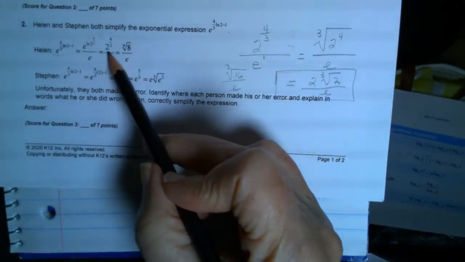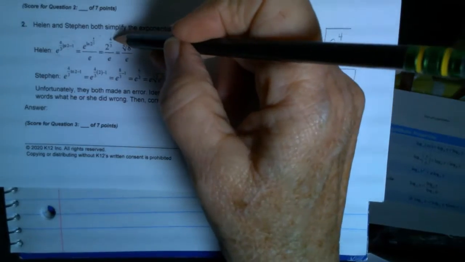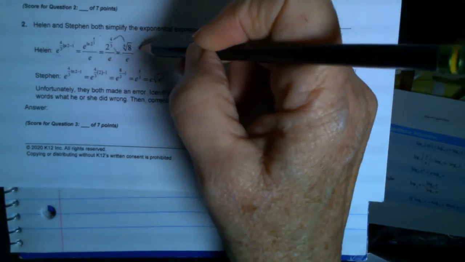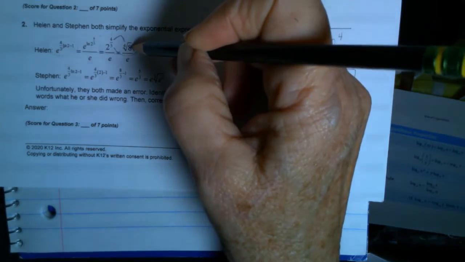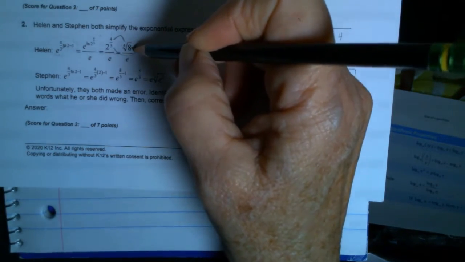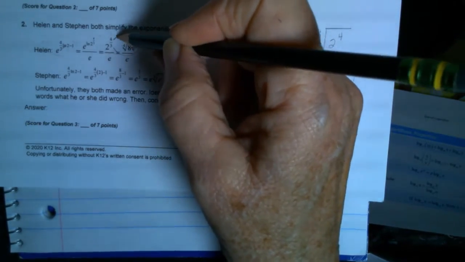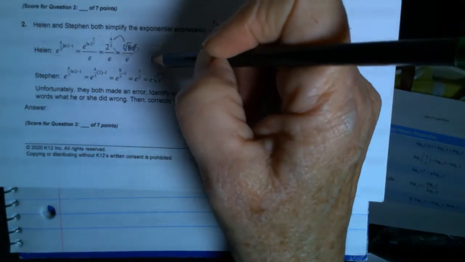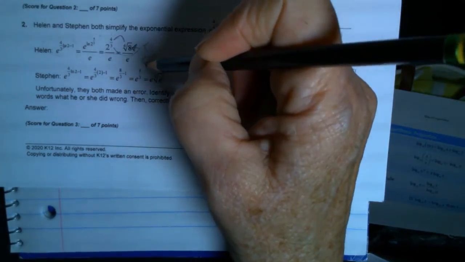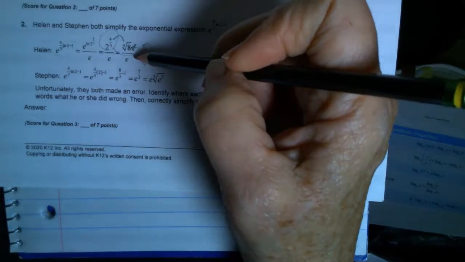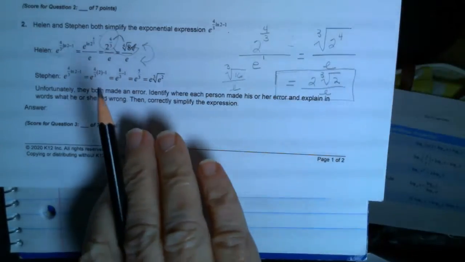Okay, but when she simplified, she's using this 4 as the root and the 3 as the power. 2 to the 3rd power is 8. So she just switched these things up. All right, so she got confused on that last step on how to simplify 2 to the 4/3, but everything else looks correct. Well, let's see what Stephen did.